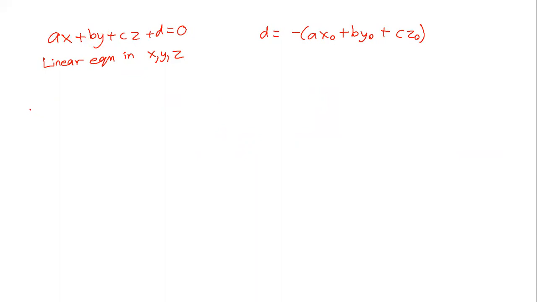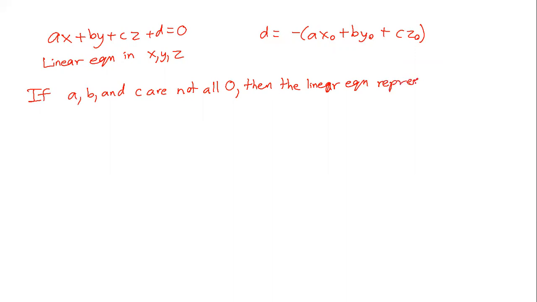And so if A, B, and C are not all 0, then the linear equation represents a plane with a normal vector ABC.